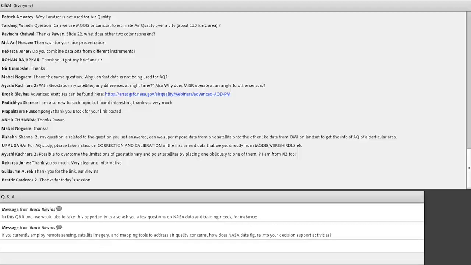If you're new to satellite data, I would not suggest that approach, because in order to superimpose data from different satellites, you really have to understand details about the capability of each satellite and what its purpose is. So depending on your purpose, there can be different methods which we can employ to superimpose data from two or more instruments.